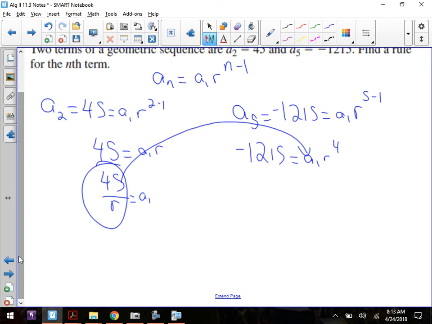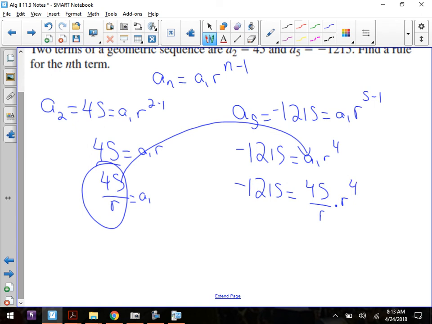You always want to isolate the first term when you're doing these. That's going to be the trick for this. So you get negative 1215 is going to be 45 over r times r to the 4th.